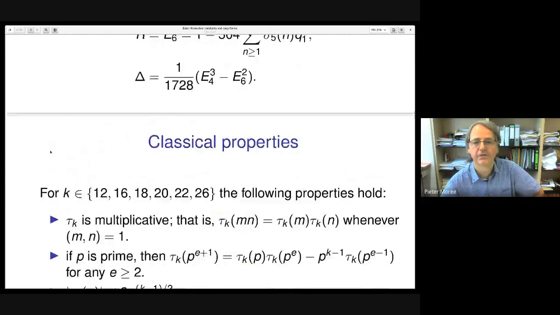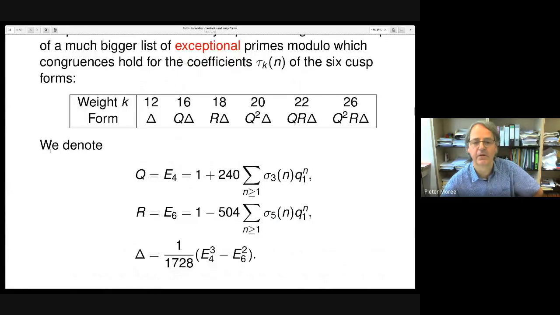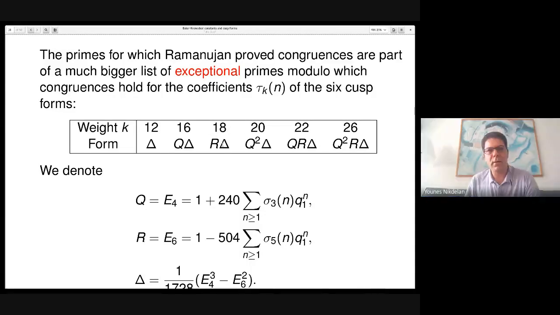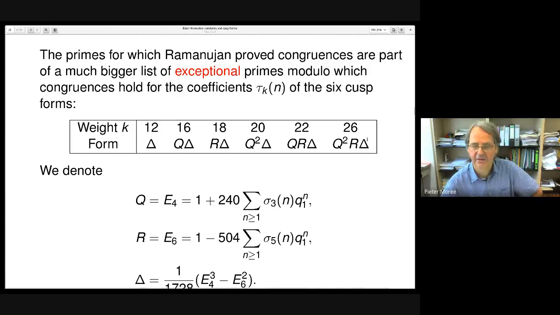No, for these functions. So, for example, for 18, tau sub 18 would be the Fourier coefficient of this function. Yeah. Okay, thanks. And basically what I called tau n before is tau sub 12 of n in this new notation.